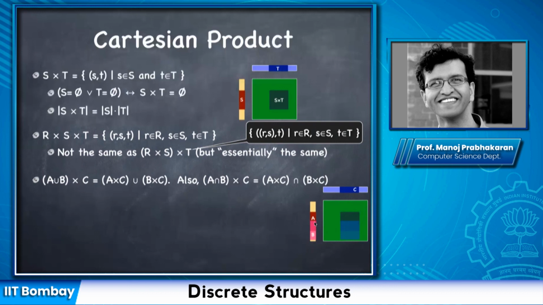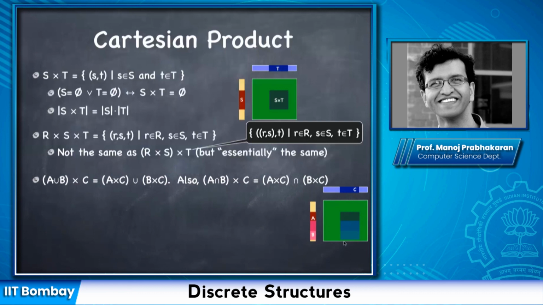Now B cross C is the box that appeared here at the bottom. And (A union B) cross C is this entire bigger box here, and that can be written as a union of two smaller boxes, one that was already there as A cross C, and the other B cross C.